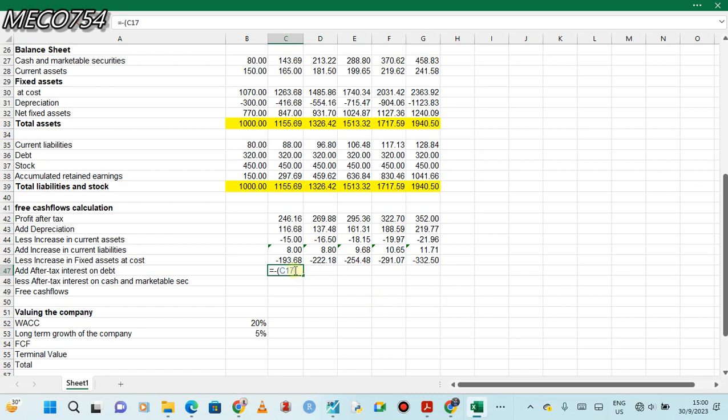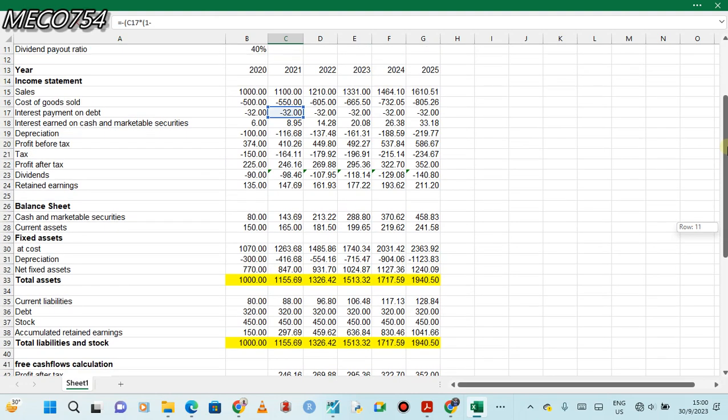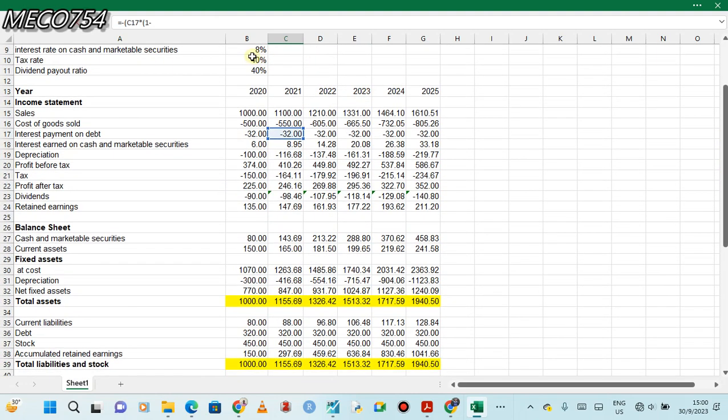But that has to be tax adjusted, which means we multiply it by 1 minus the tax rate. What is our tax rate? It's 40%. But I'm going to lock the 40%. Remember, it's our rate and it's only in one place, so we have to lock it.